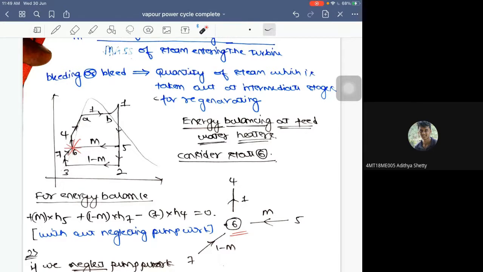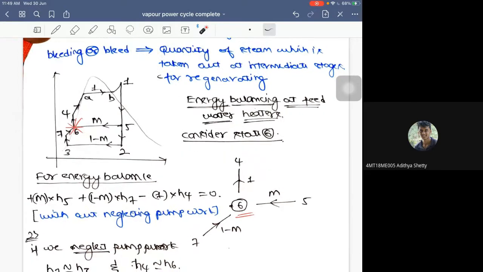Now, how do I write the energy balance equation? Please do look at it. Okay, we will have practice of it. First come to this stage where m amount of fluid is coming from state 5. Correct? So I would write m cross h5. Now whether this is positive or negative.